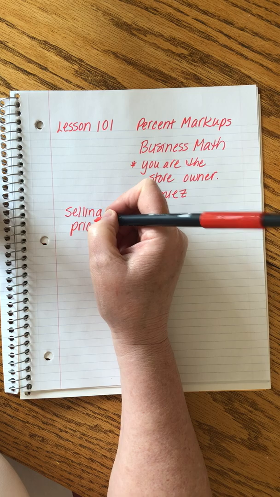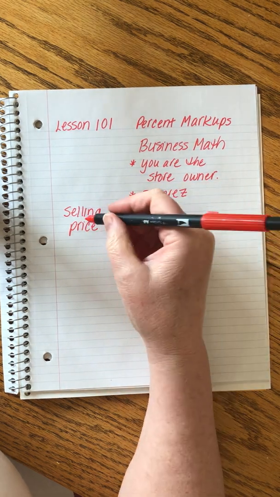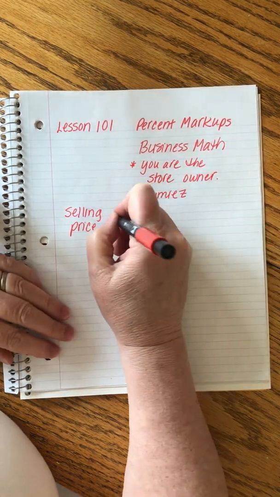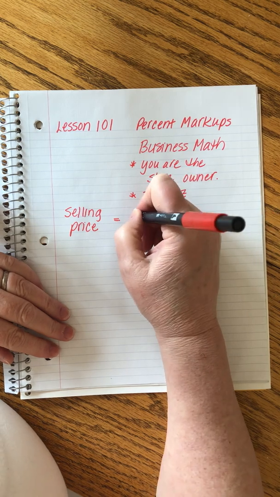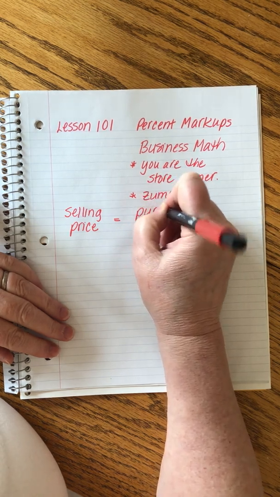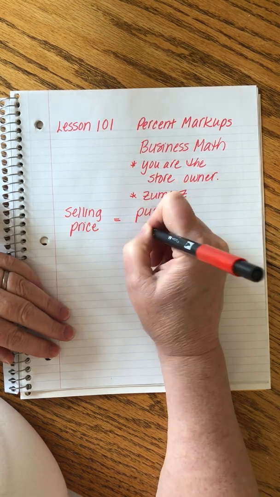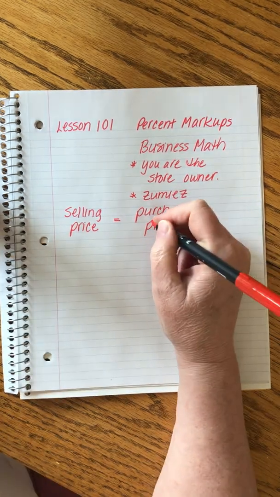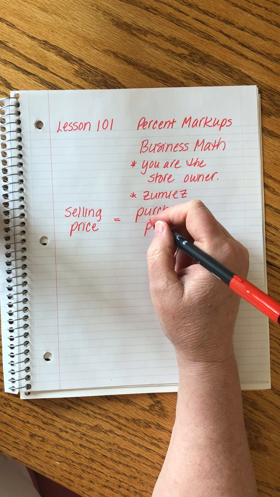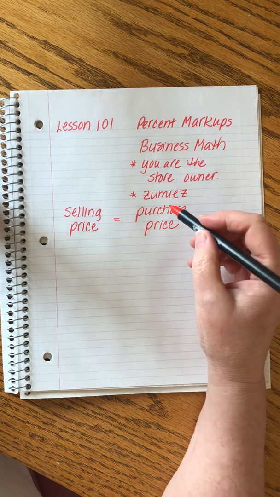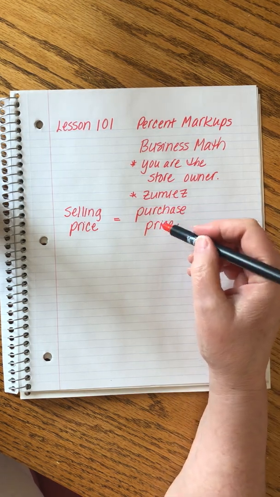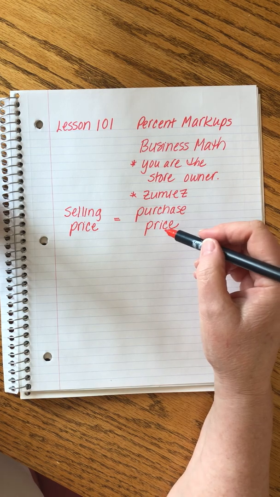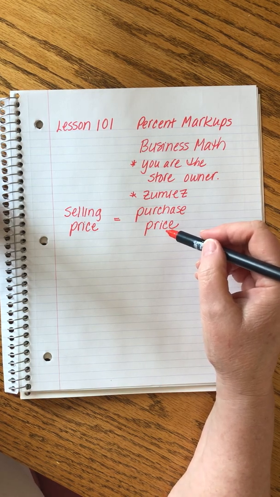When our customers come into Zumiez, that's what they're going to see on the tag. That is equal to the purchase price. Now that's the price we paid for it. Right? When we bought it from North Face or Burton or whoever, we had to pay them. That's our purchase price because we're the store owner.